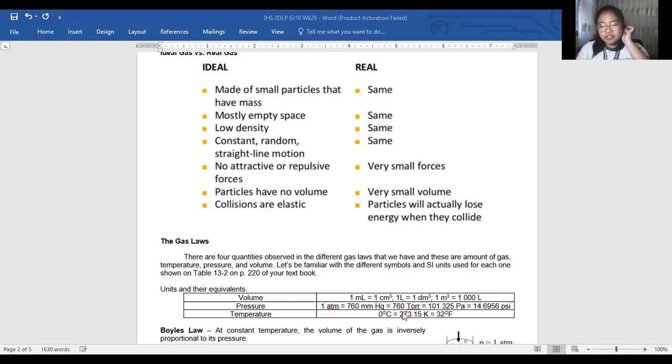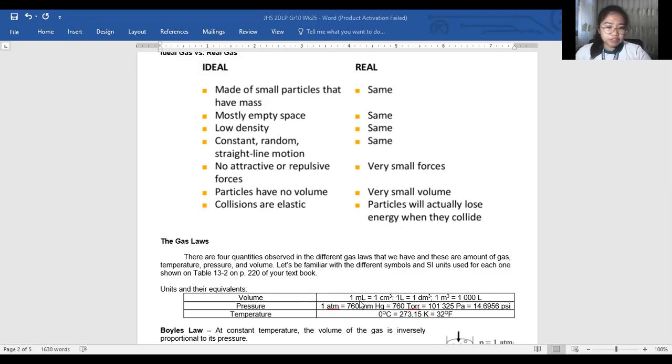So ito meron tayong 760 torr. So ito equal din siya sa 101,325 pascals. And that is also equal to 14.6956 psi. Pero for this case, we will mostly use atmosphere.